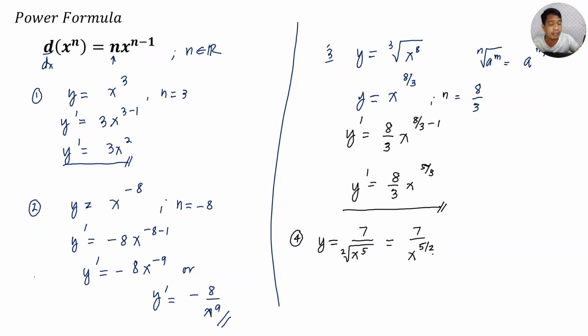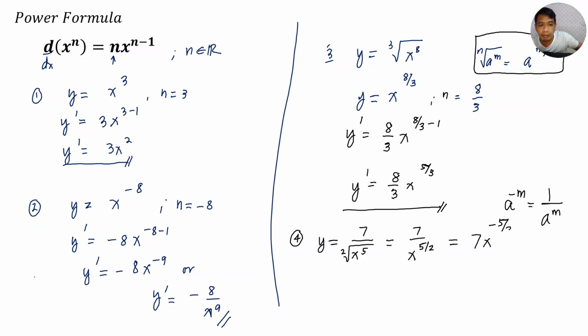So that is 5 over 2 using this principle in algebra. And since meron ulit tayong principle that a positive exponent, pag inakyat natin sa numerator, it becomes a negative exponent, by virtue of this property, this therefore can be written as 7 x raised to negative 5 halves. Sorry, it should be 1.